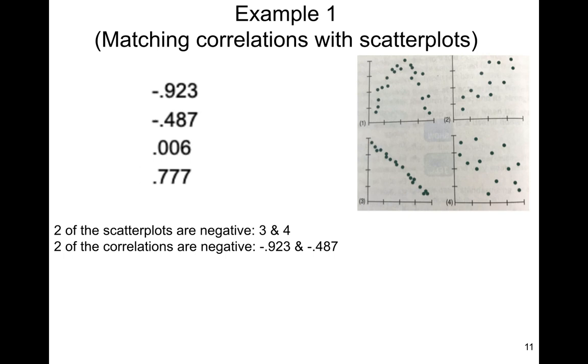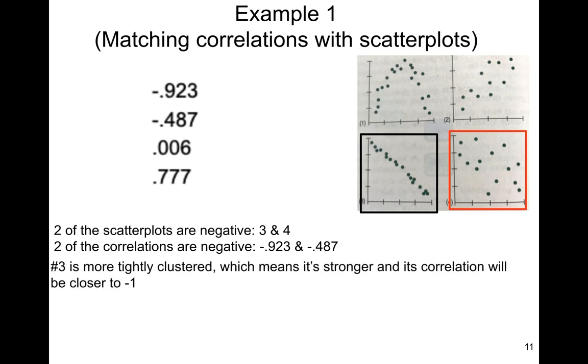Now the question is, which of the scatter plots are stronger? Well, scatter plot number 3 is more tightly clustered than scatter plot number 4, which means its correlation is going to be closer to -1, which means scatter plot number 3 matches with -0.9, and scatter plot number 4 matches with -0.4.